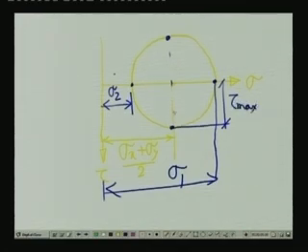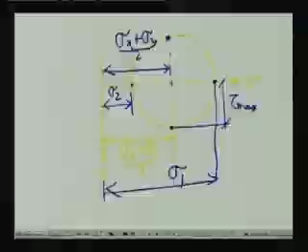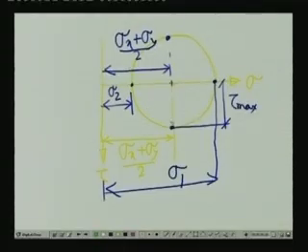If you note here, at this plane we have the normal stress which is equal to this particular magnitude, which we know already, which is sigma x plus sigma y by 2. So, from this diagram itself we can answer both questions: the planes where your normal stresses are maximum, the shear stresses are 0, and the planes where shear stress is maximum, normal stress exists, and the value of the normal stress is sigma x plus sigma y by 2.